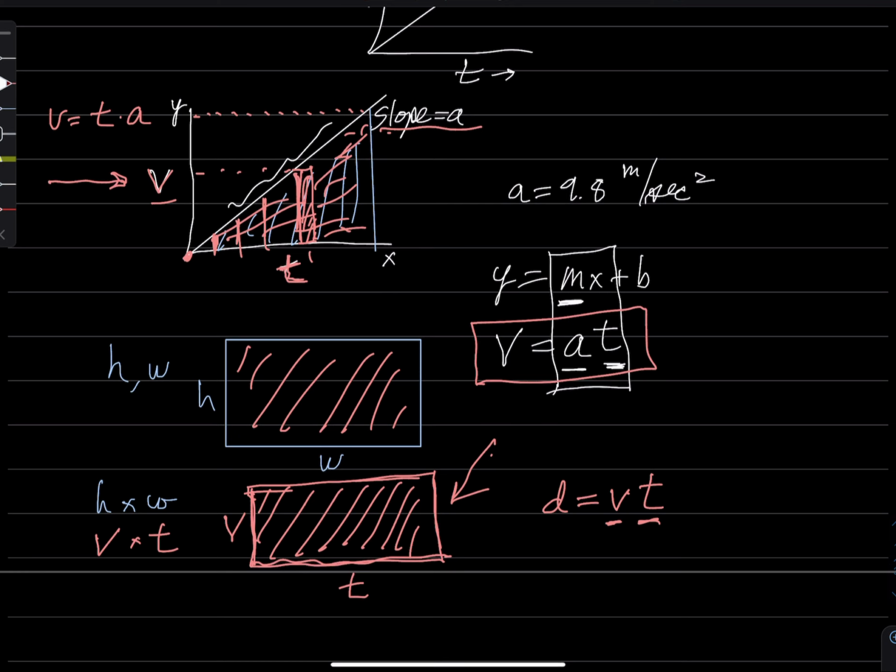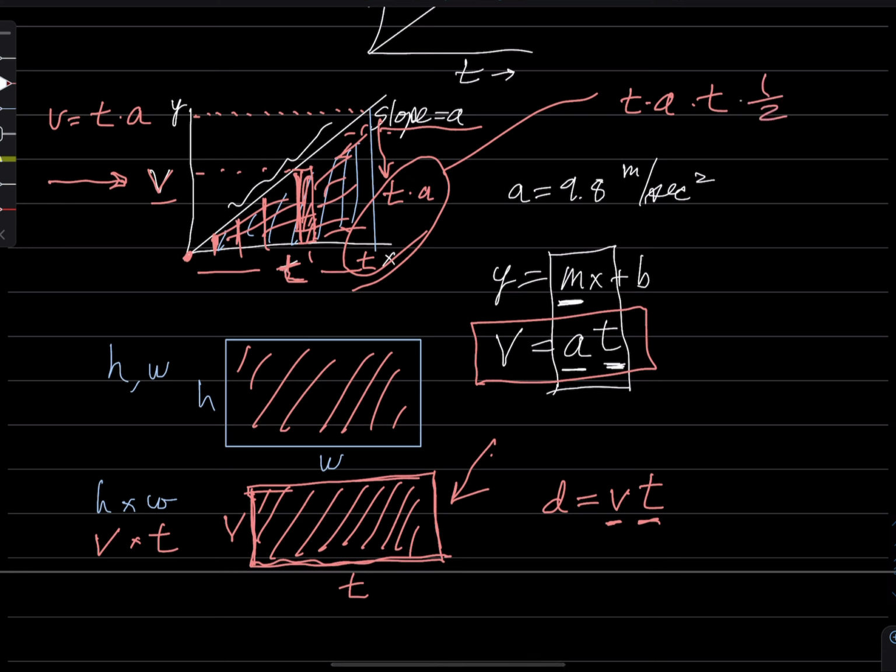So this distance here is t times a, and this distance here is t. Well, what's the area of a triangle? It's 1/2 times the base times the height, which here is 1/2 times t times a times t. And that equals 1/2 a t squared. So this is where we get that an object under a constant acceleration for a certain amount of time is going to travel a distance of 1/2 a t squared.